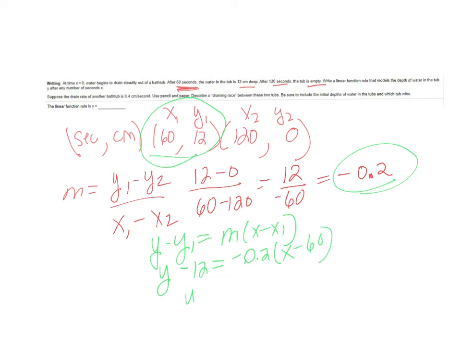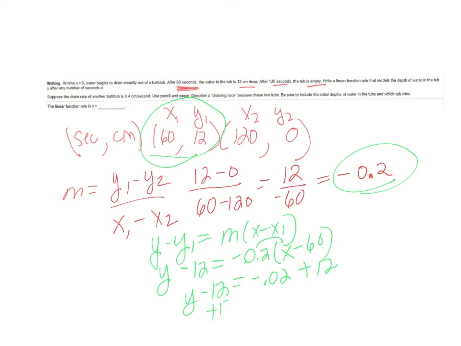And now we need to do the distributive property. Negative times a negative is a positive, and 60 times 0.2 is going to give us a positive 12.